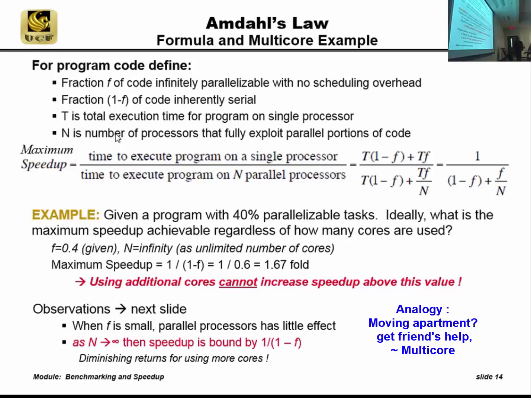If you want to think of Amdahl's law in a very practical way, suppose you're moving from one place to another, and you get your friends to help you, because it's a long process and they're heavy things. If you do it by yourself, it takes a day.